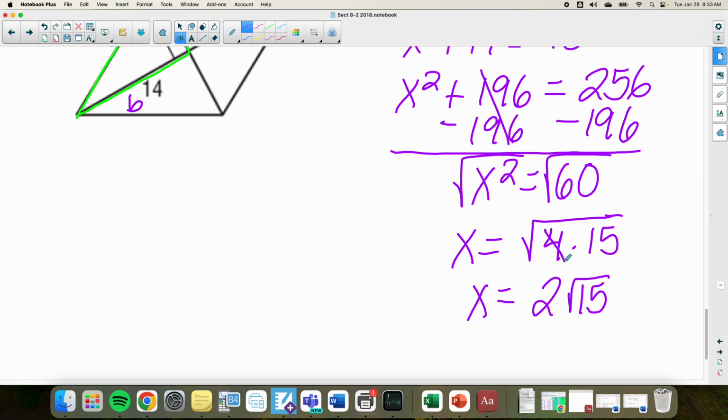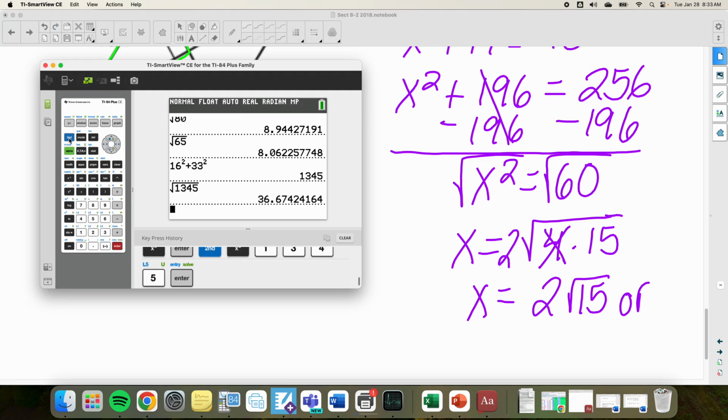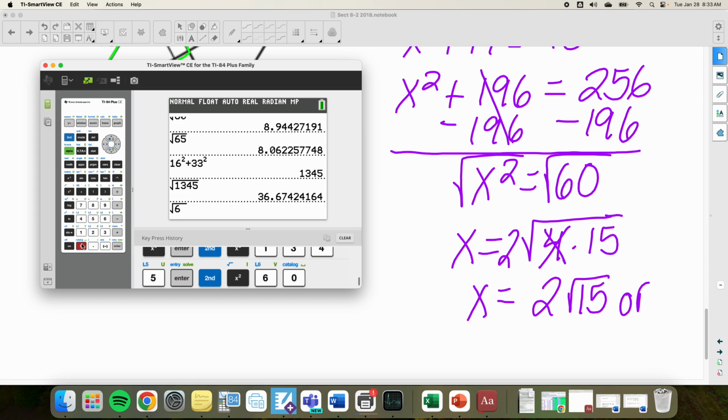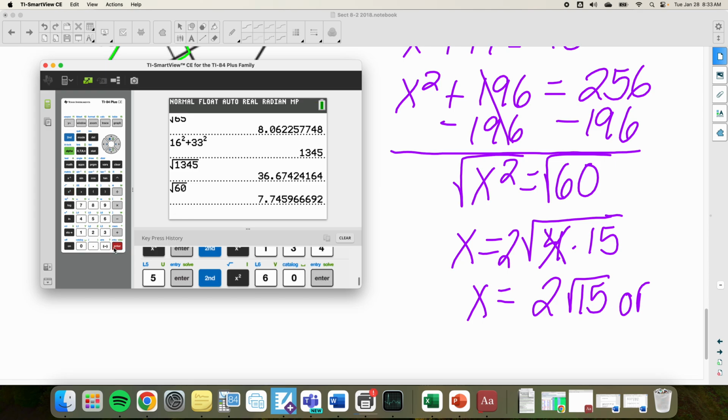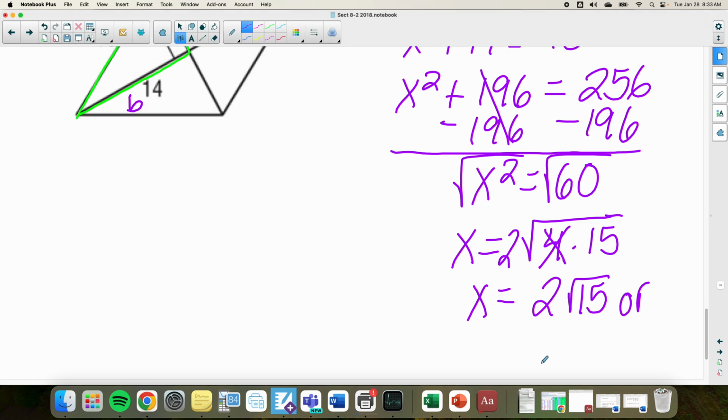So it's like you take the square root of that and bring it out. Or you certainly could have just gone to your calculator and done square root of 60. But I just wanted you to see this, because that's something you're going to do a lot next year. Or 7.75.